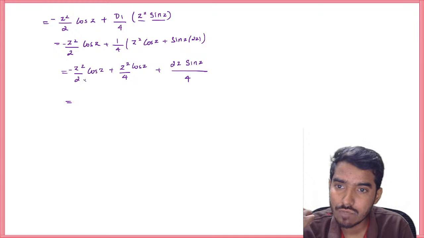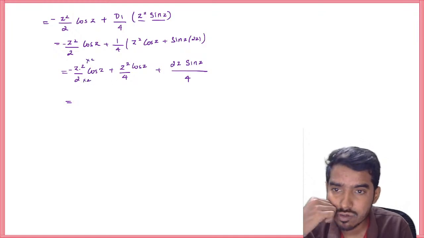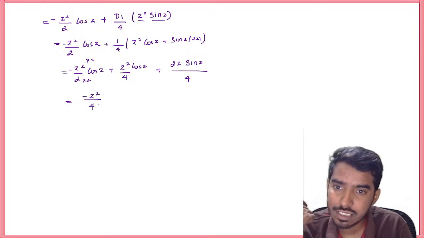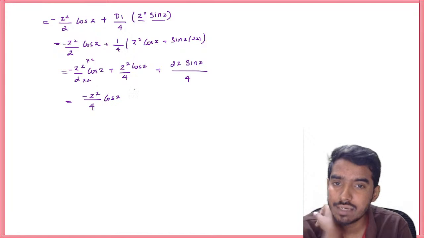So multiply into 2 into 2. So minus 2 z square plus z square will be minus z square by 4 cos z.